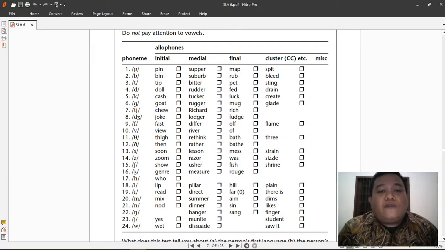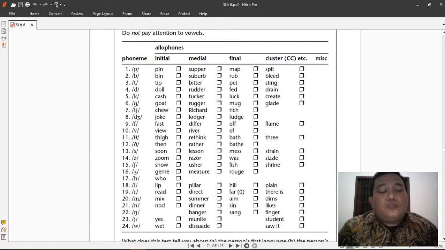And final means that the phoneme is placed at the end of the word. The written form of these words doesn't mean that they already have the phoneme inside them. The phoneme is about how the sounds are produced, not about how the word is constructed.